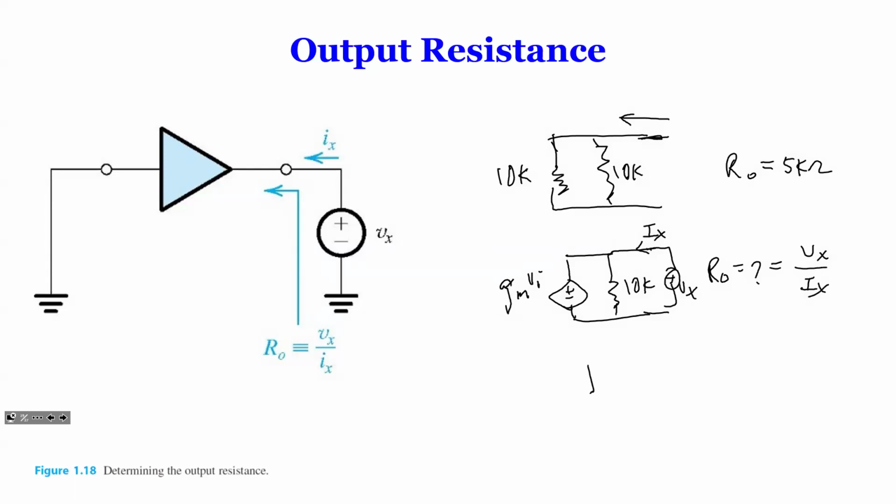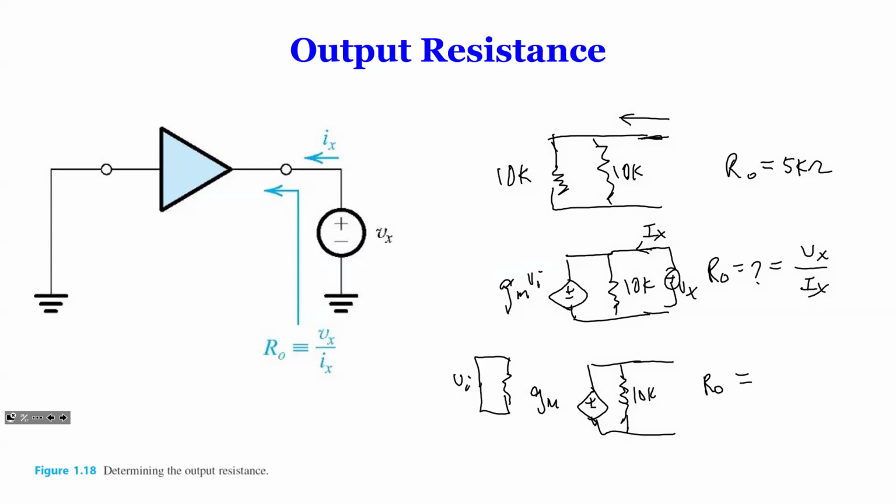But let's say you have the same circuit, but then you have this GM, and you have an input like a short circuit. So in this case, can you find your output resistance without doing anything else?